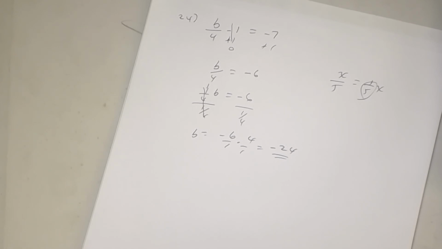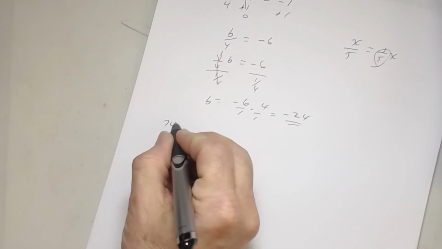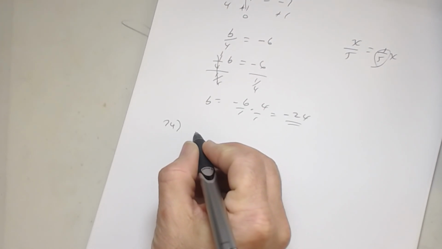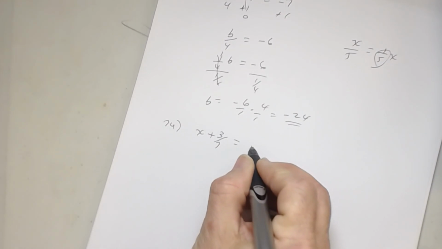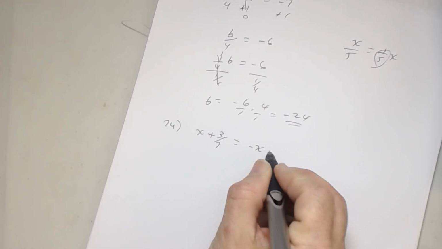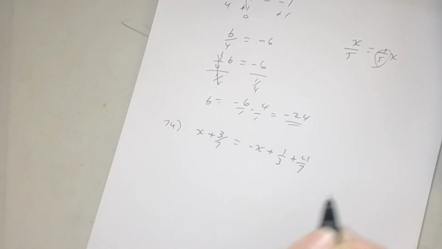All right, let's look at 74. Okay, x plus 3 divided by 7 equals -x plus 1/3 plus 4/7.